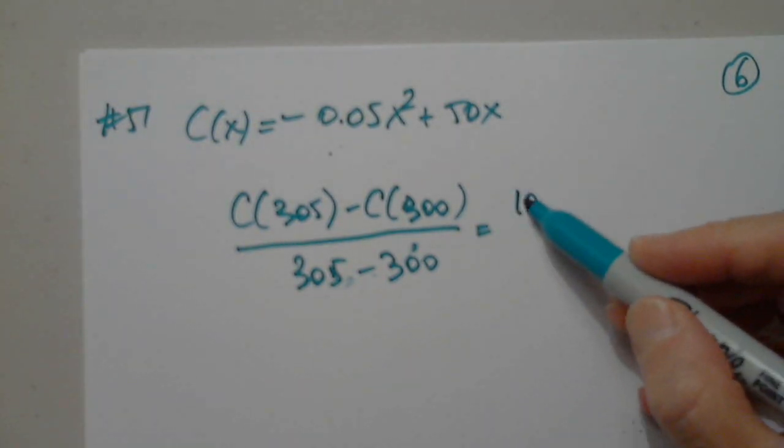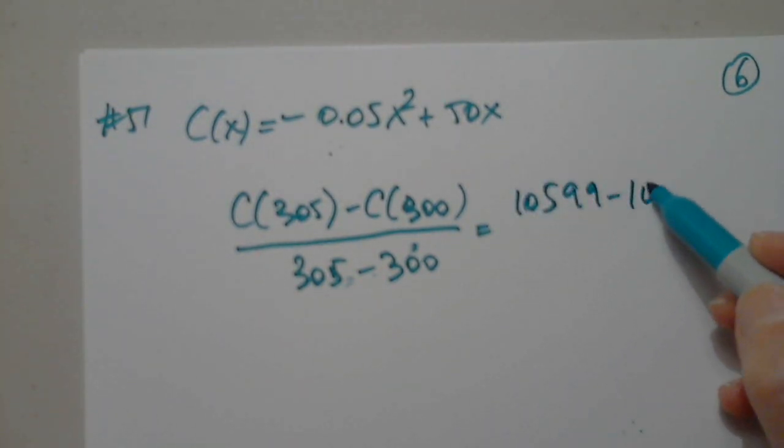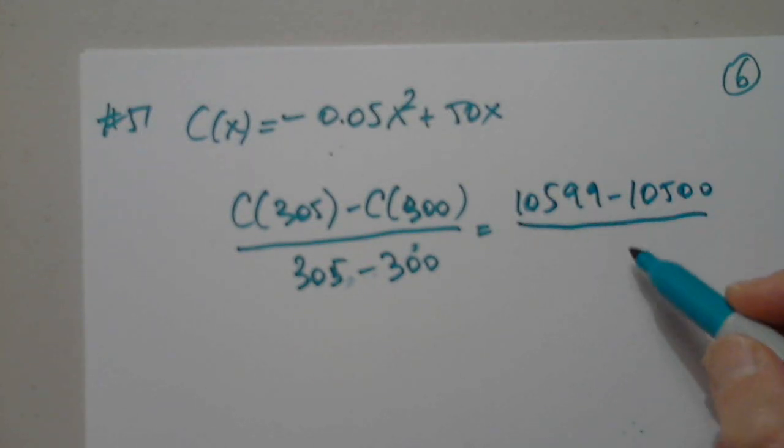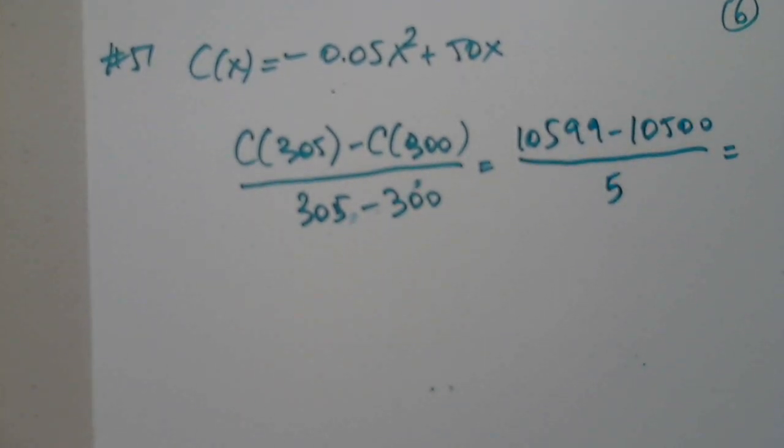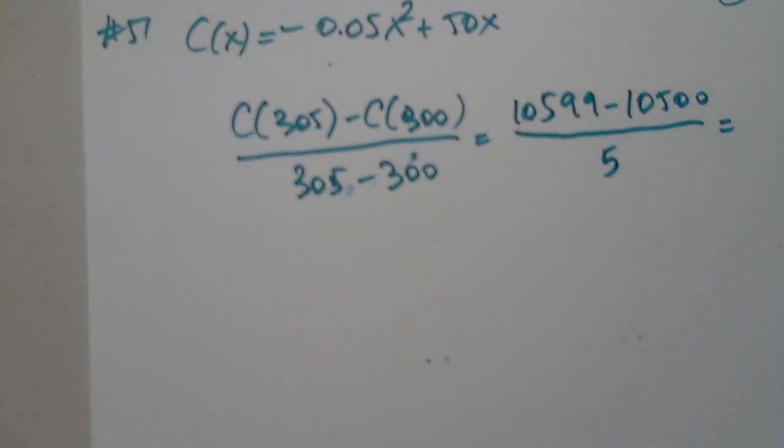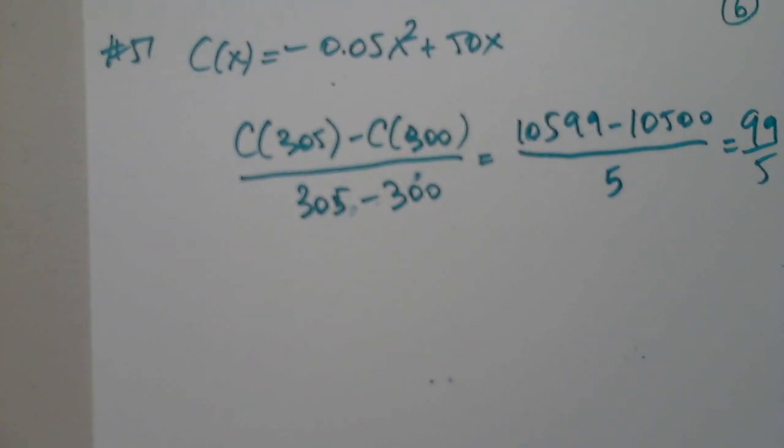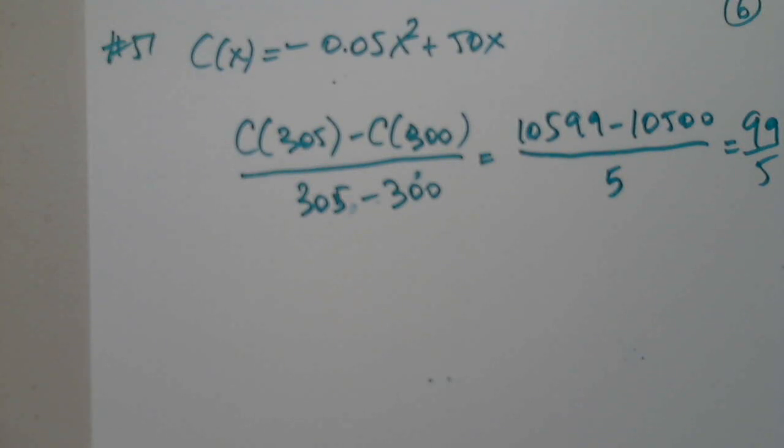So 10599 minus 10500 over 5. So the numerator is 99 and the denominator is 5. Measurement unit, always measurement unit. Cost in dollars, and X units. So this is dollars per unit.